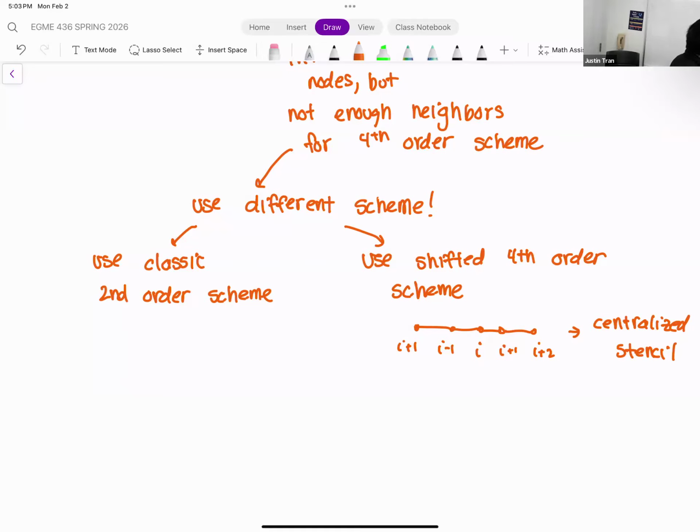But what if we shifted this? Instead of being centered on our central node, what if we shifted it to the right, where we would only have to involve 1 neighbor on the left, but by compromise, we'd have to involve 3 neighbors on the right? So what if we did this instead?